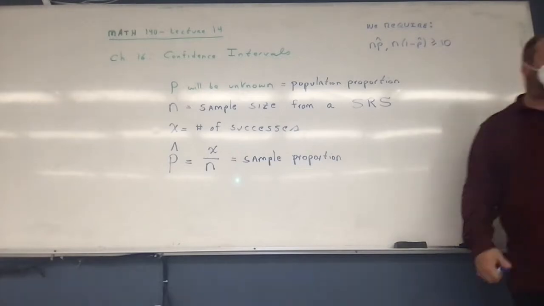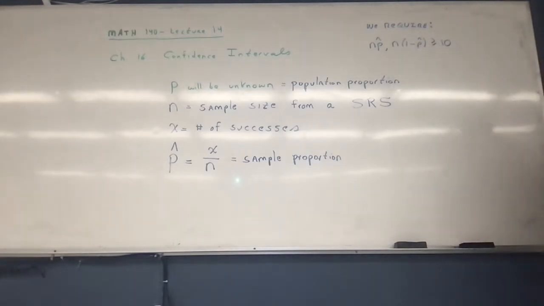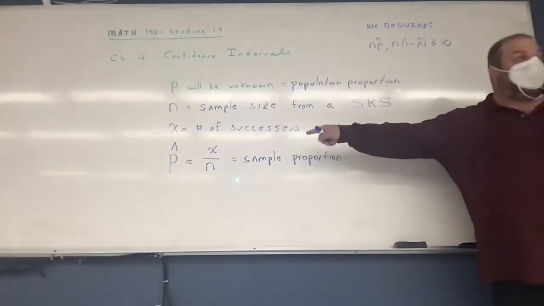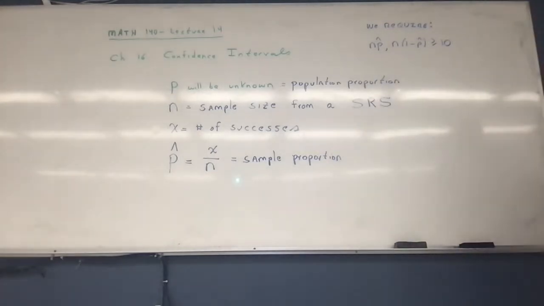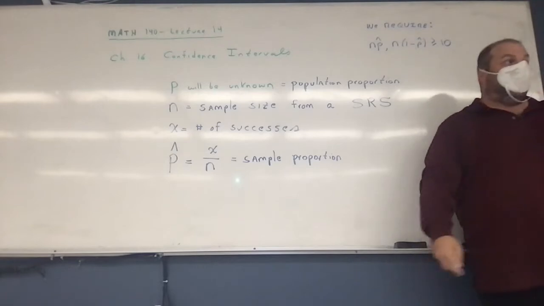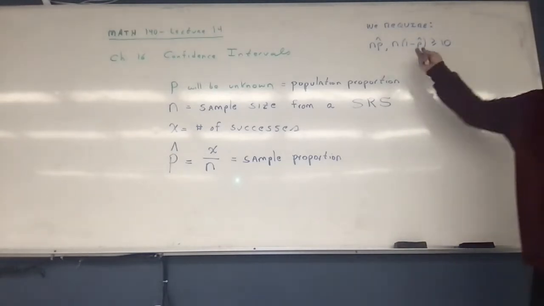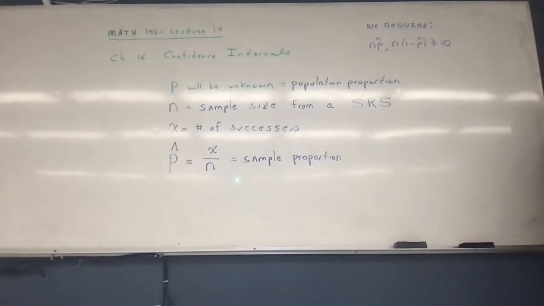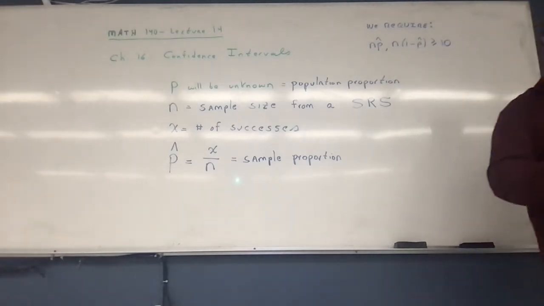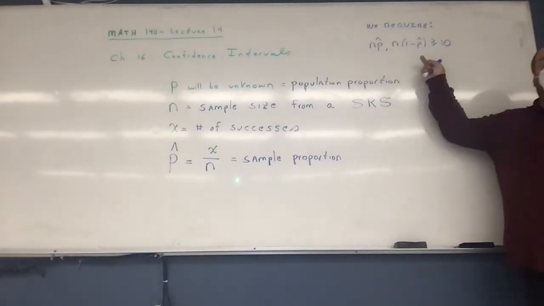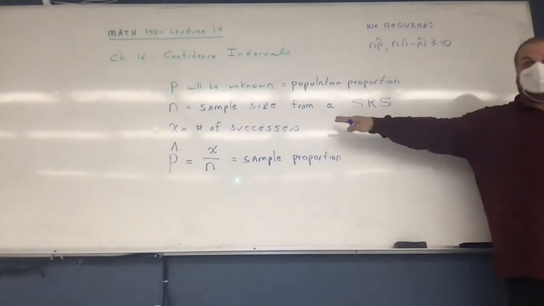What if they're not? At the end of this chapter, we will do a different formula for the case where this condition is not satisfied, with lesser conditions. But if these are not satisfied, don't do this.